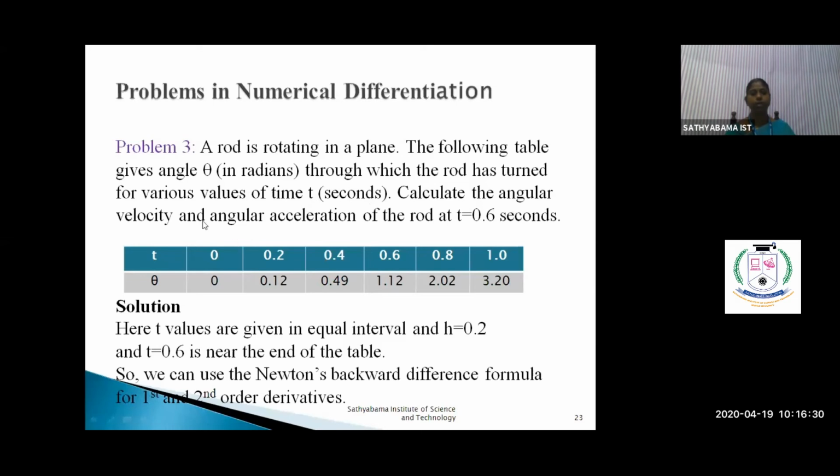Calculate the angular velocity and angular acceleration of the rod at t equal to 0.6 seconds.